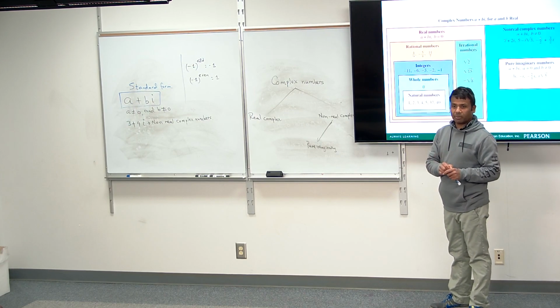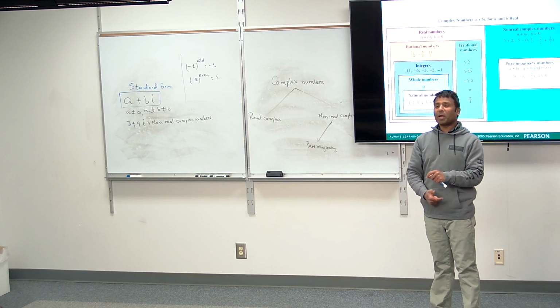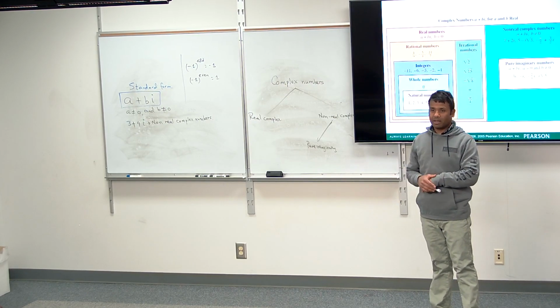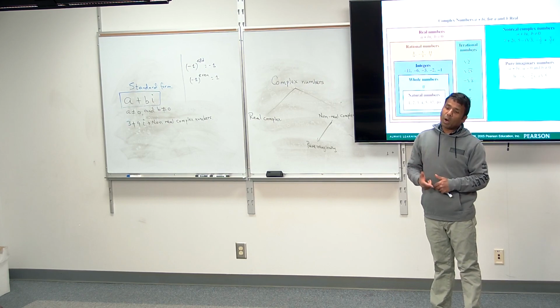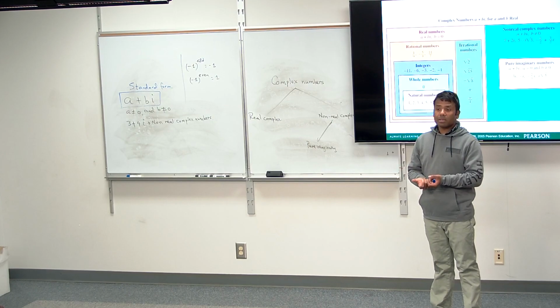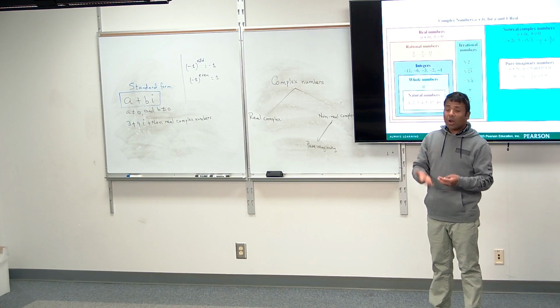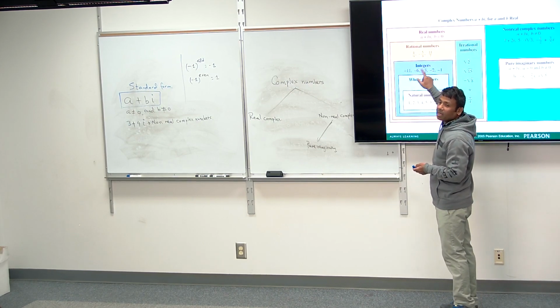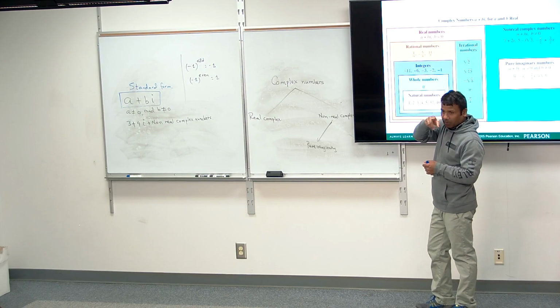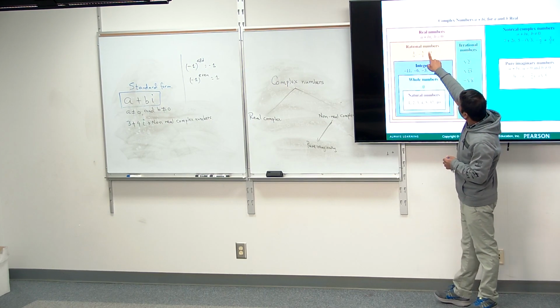So that's the integers. So now, every natural number is an integer. Every whole number is an integer. The set of natural numbers is the subset of integers. The set of whole numbers is also the subset of integers. Make sense?